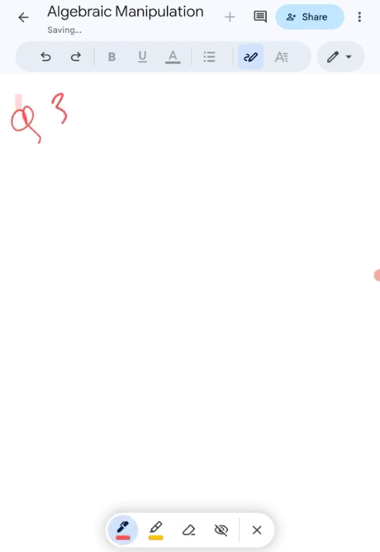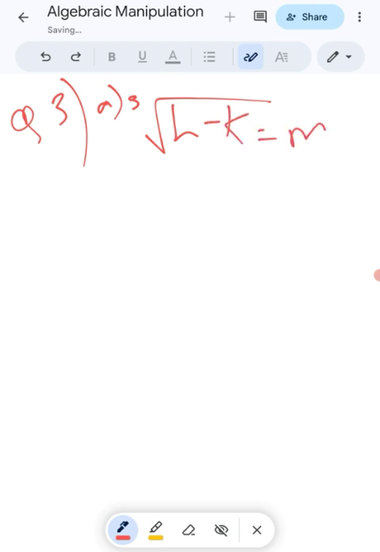Question number 3 says that in each of the following cases you have to make the letter in the bracket the subject of the formula, and part A is cube root of h minus k is equal to m. Now in this case I had to make h my subject. Fine. So the first thing you need to consider is to remove your cube root.